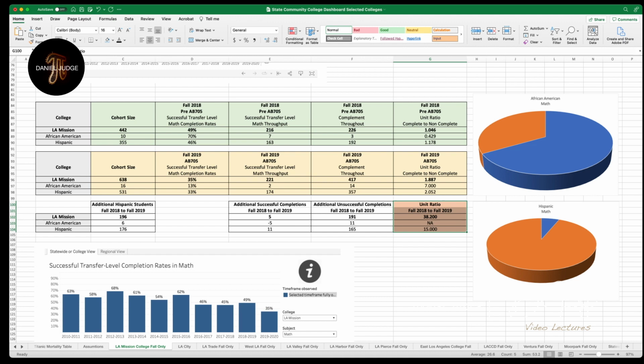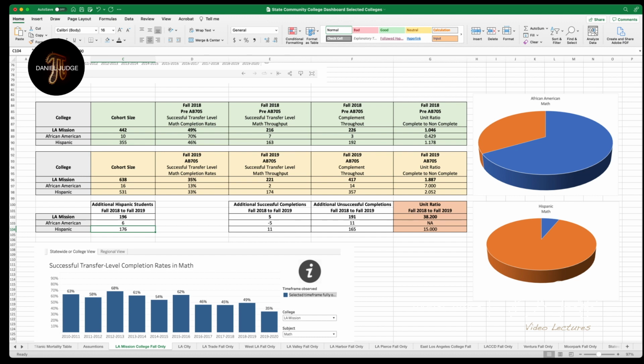You see, when it came to Hispanic students in fall 2018, pre-AB705, 355 students walked through that transfer level math course, in the first year. And the following year, under AB705, 531 students walked in. That's called access. You got 176 students that actually were now able to take a transfer level math course.